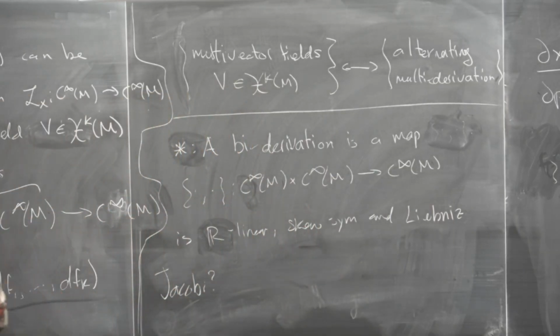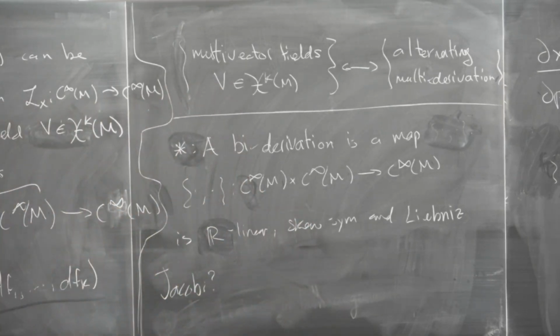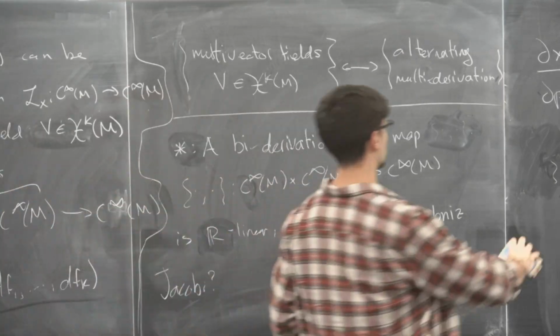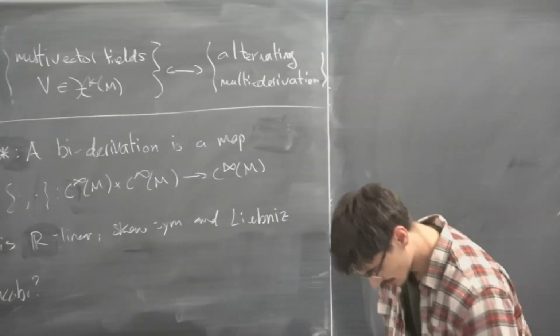To determine the analogous version of the Jacobi identity using these bivectors, or this new formulation of multi-vector fields and multi-derivations, we need a new formulation of this identity. For this, we need something called the Schouten bracket, which works similarly to a regular Lie bracket, but in higher dimensions.